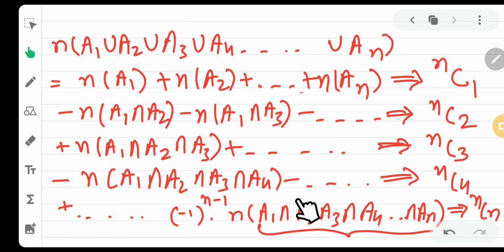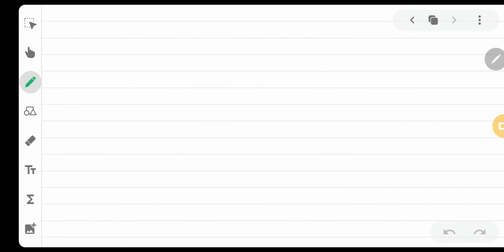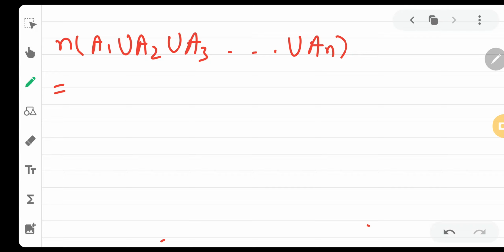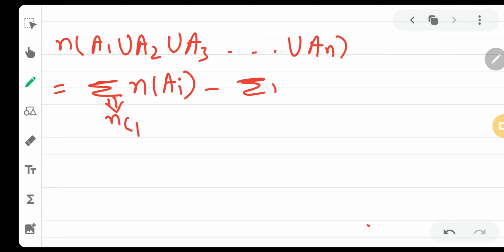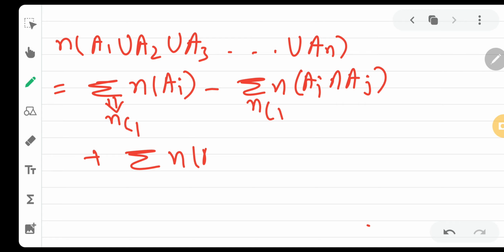But I cannot be writing down this very complicated formula every time. I need to simplify this in terms of summation. So number of A1 union A2 union A3 and so on union AN can be written very simply as summation number of AI single elements, there are nC1 elements, minus summation number of AI intersection AJ, there are nC2 elements, plus summation number of AI intersection AJ intersection AK, nC3 elements.